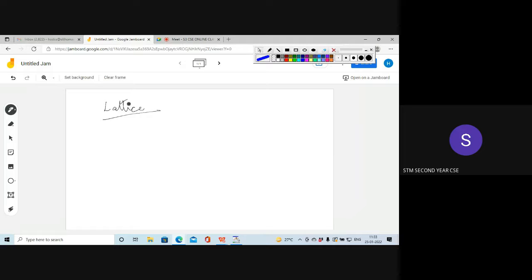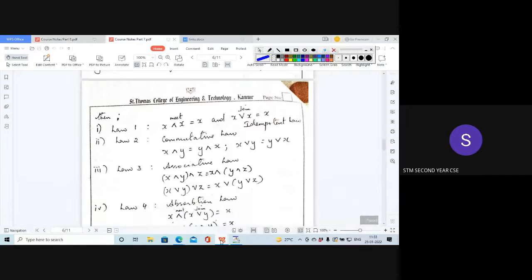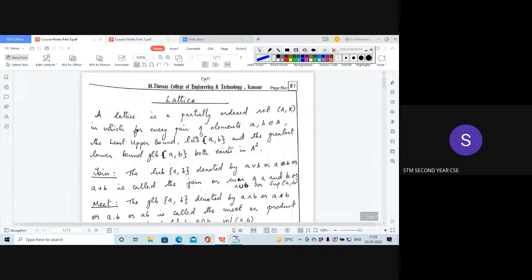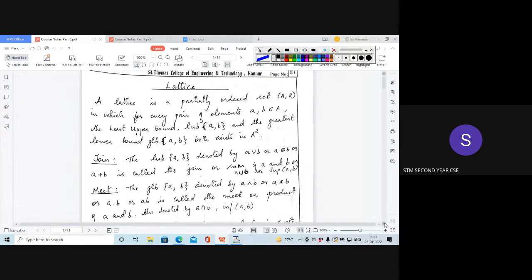So write the heading lattice. In the previous class, we had studied what a Hasse diagram is, and we had studied how to find the least upper bound and the greatest lower bound of the Hasse diagram, isn't it? Do you remember? Some questions were given to you to work out as tutorial questions and submit in your tutorial book, okay? So let us see what lattice is.